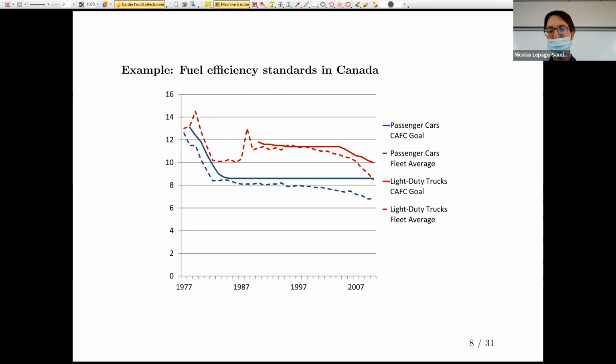This is for trucks in red, and for cars in blue. Is there something that looks fishy to you if you look at this standard? Yes?